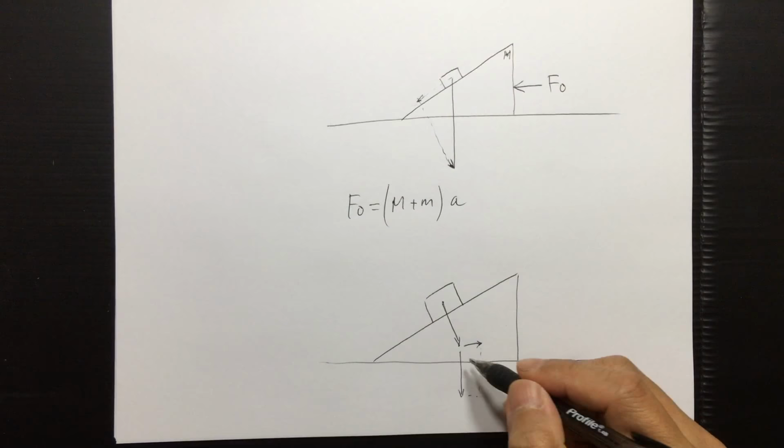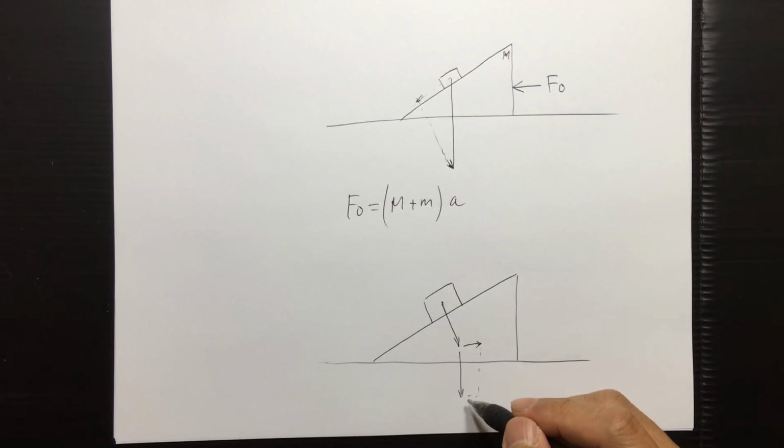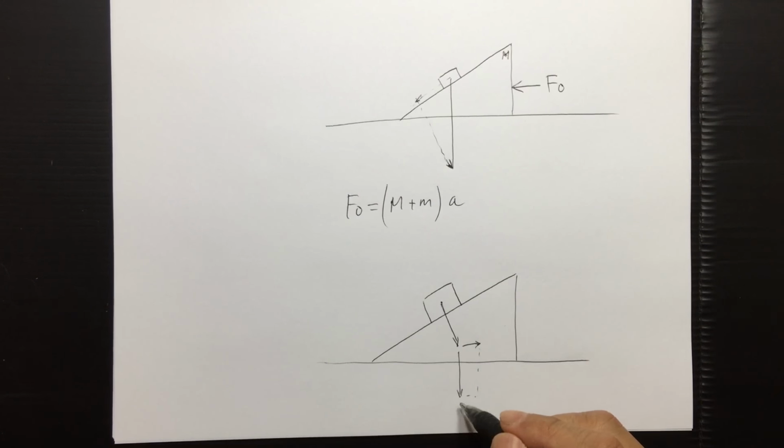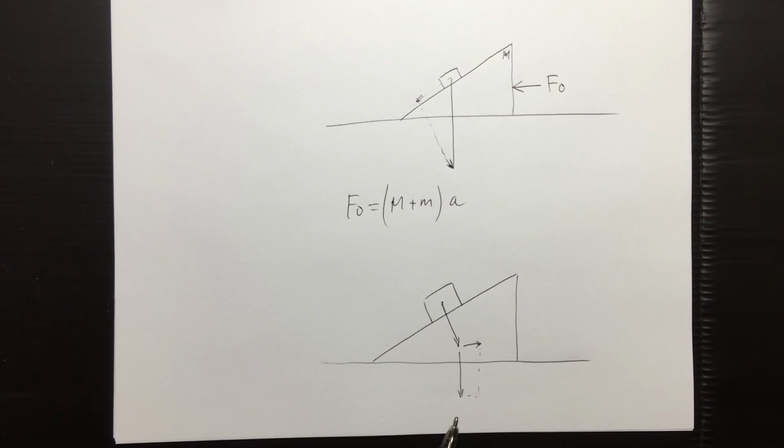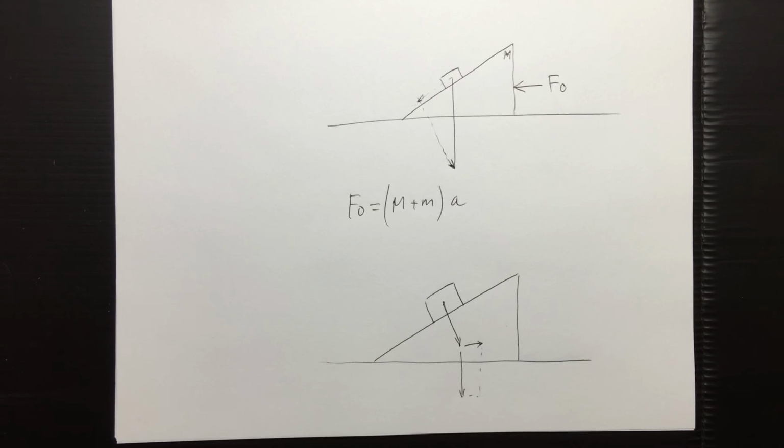These two forces are on this block. The ground's support is going to cancel out this one. This force is going to push this wedge over that way. And they want you to write an equation and solve this one.